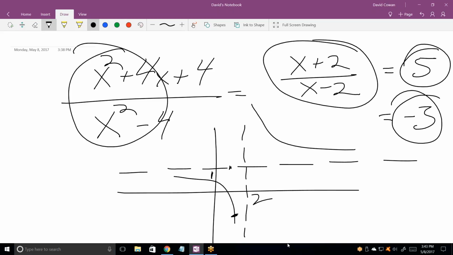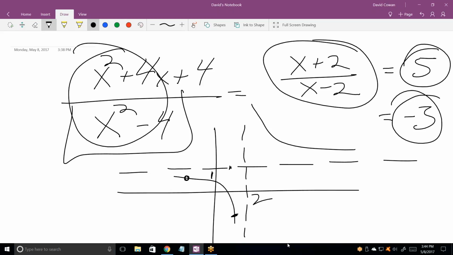I've got one other restriction here, and that's x cannot be equal to minus 2. What that results in is a hole right there. It does not result in a vertical asymptote. It just results in a hole. Notice that if I go back to my original equation, x equals minus 2 gives me a denominator of 0.